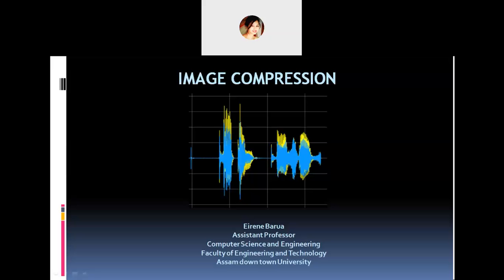Image compression is a very important technique to reduce the size of the image without hampering the quality. We can't say the quality is not hampered, but it is hampered in such a way that it is negligible.